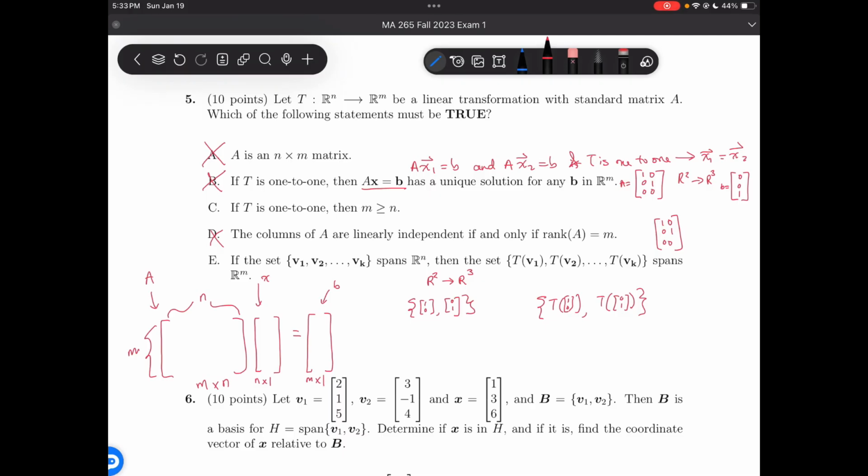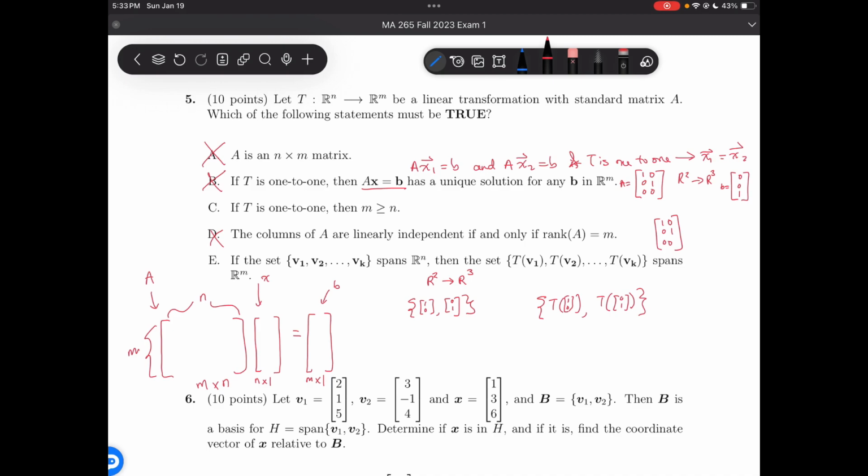it's impossible for this to span R3. And the reason is, for a set of vectors to span some space Rn, we need at least n vectors. So to span R3, I need at least 3 vectors. Or to span R4, I need at least 4 vectors. And in this scenario, we only have 2 vectors because in our initial set, we only had 2.